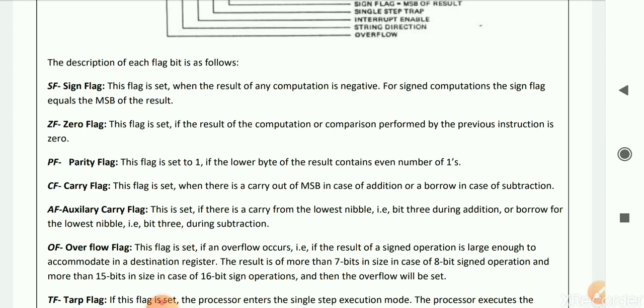Suppose you are performing a 1-byte addition, there can be an overflow, and suppose you are performing a 2-byte operation, that is adding two 16-bit numbers, there can also be an overflow.